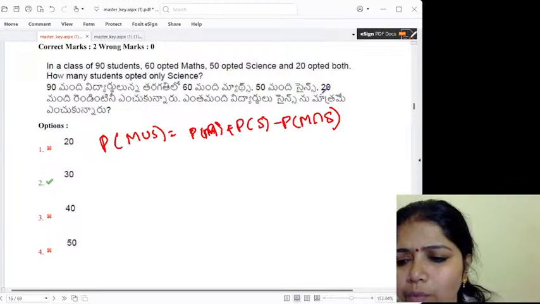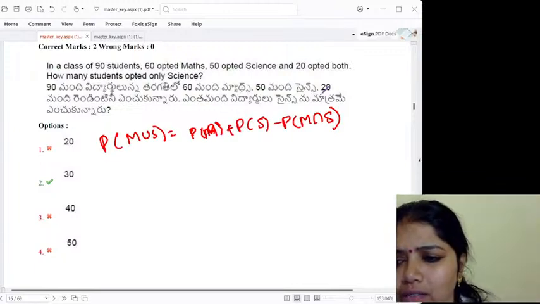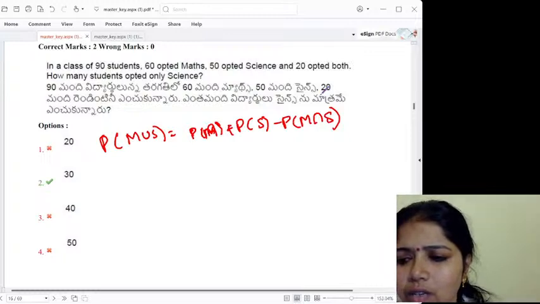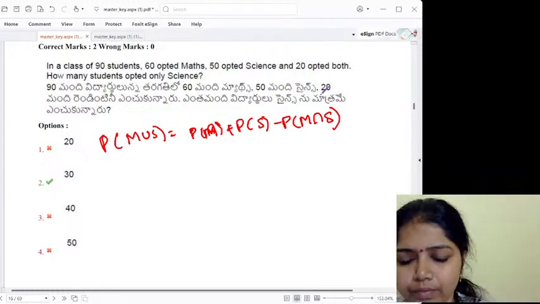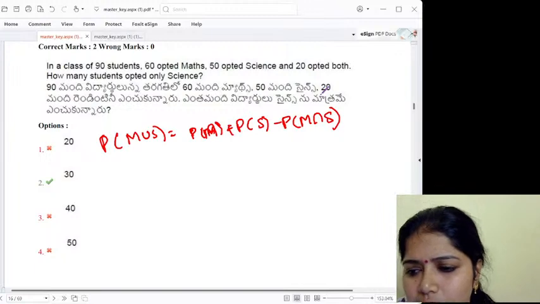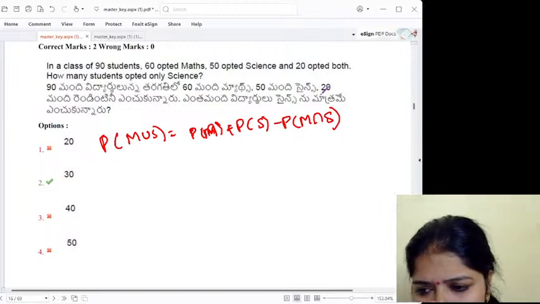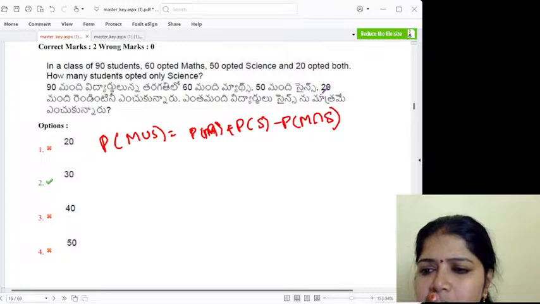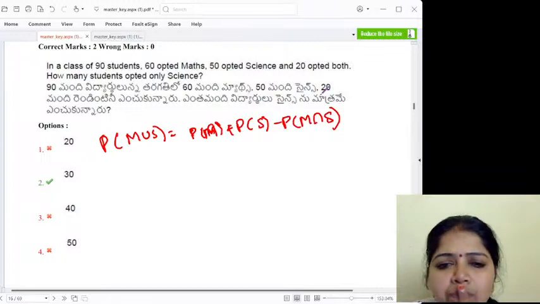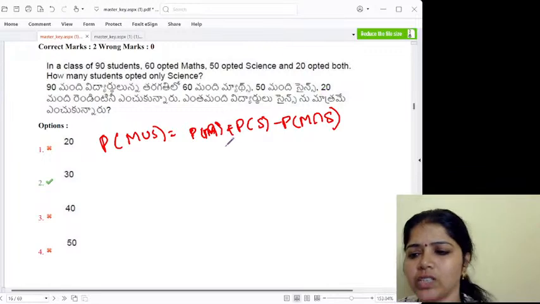I think using this formula we'll be able to get the right answer. Yes, right?